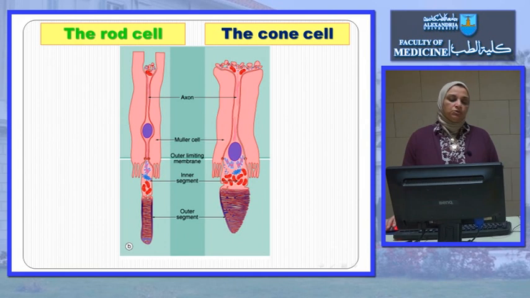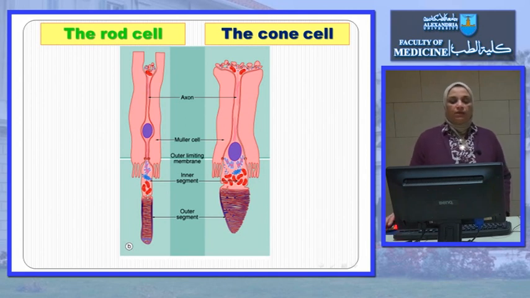Junctional complexes between these supporting cells, Muller cells, and the rods and cones form a line in the EM called the outer limiting membrane. So now we understand the outer layer, the outer retinal pigmented epithelial layer, then the rods and cones, we mean outer or inner segments of the rods and cones, then layer number 3, outer limiting membrane, then layer number 4, which contains the cell body and nuclei of rods and cones.